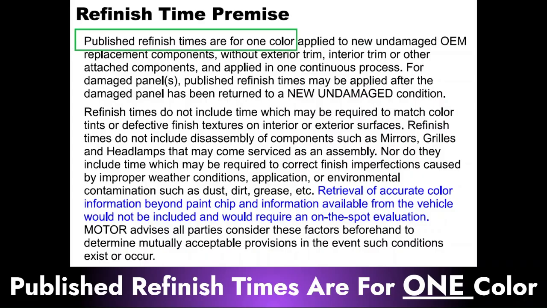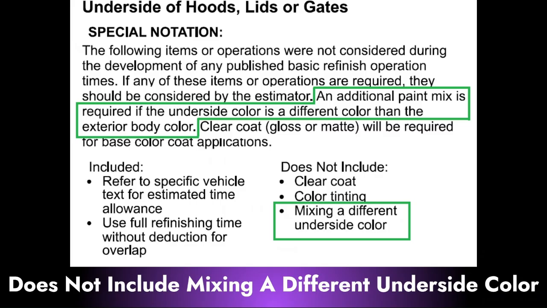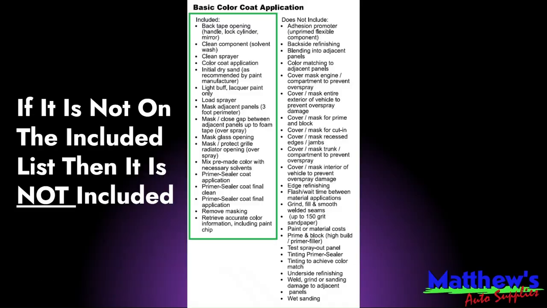Here is the refinish time premise. Published refinish times are for one color. We showed them on the underside what it says in the special notation: an additional paint mix is required if the underside color is a different color than the exterior body color. So the underside of, say, a hood has its own refinish time, and it clearly states that that does not include mixing a different underside color.